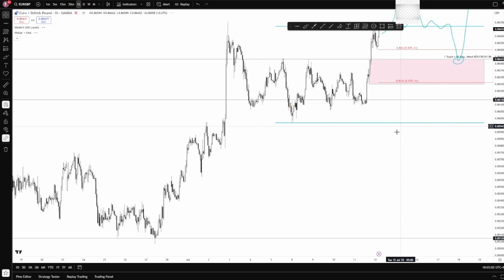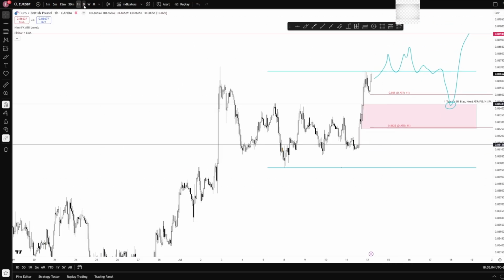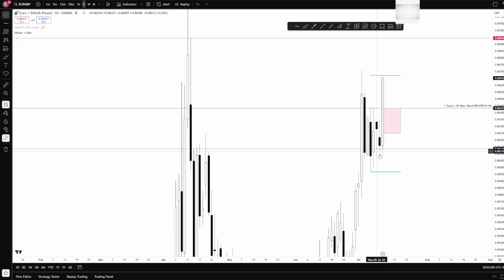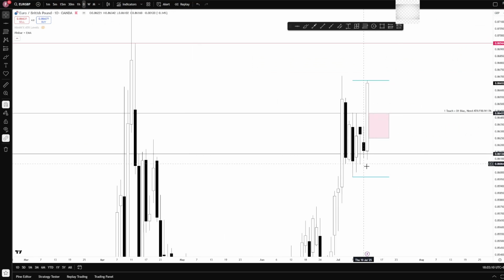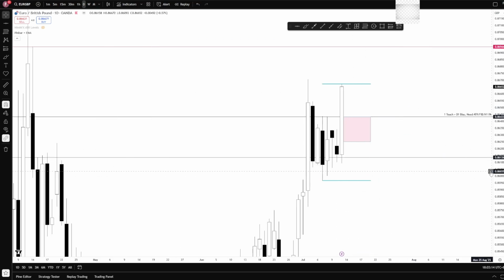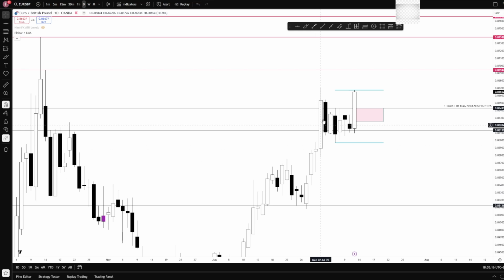Another one is euro pound. Usually euro pound is pretty interesting because it actually gives us the daily bias as well, because this candle is very strong. After price broke up, it consolidated, and now it seems like it's on the second leg of another impulse move.